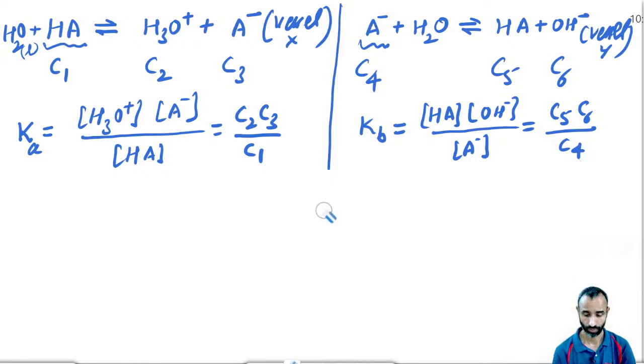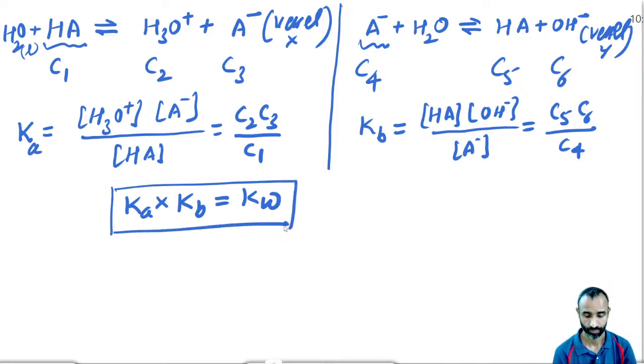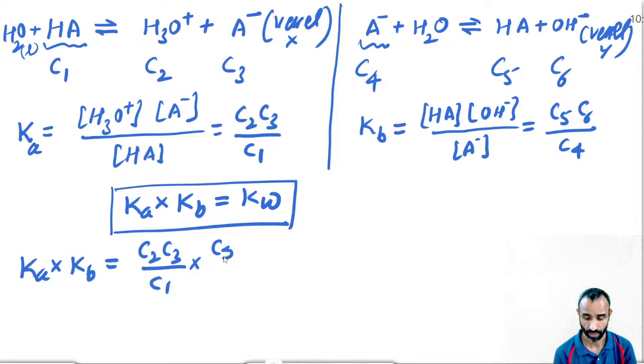And if you remember, Ka into Kb is equal to Kw. Do you know it? Whenever we have the dissociation constant of an acid multiplied by the dissociation constant of its conjugate base, their product is equal to Kw. So let us multiply Ka and Kb. Ka is C2 C3 by C1 multiplied by C5 C6 by C4.